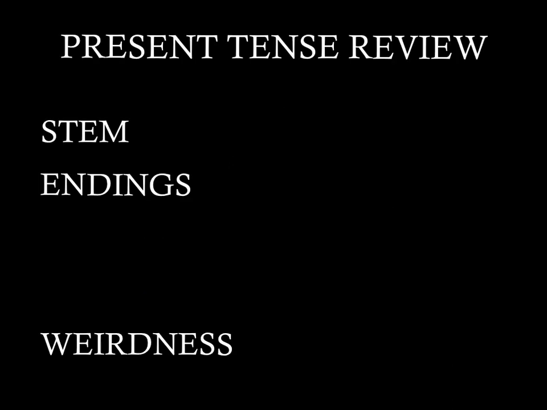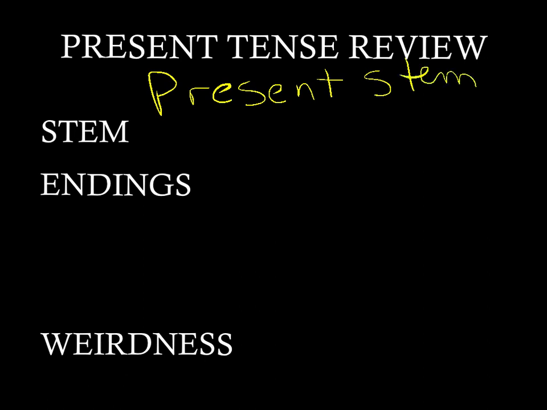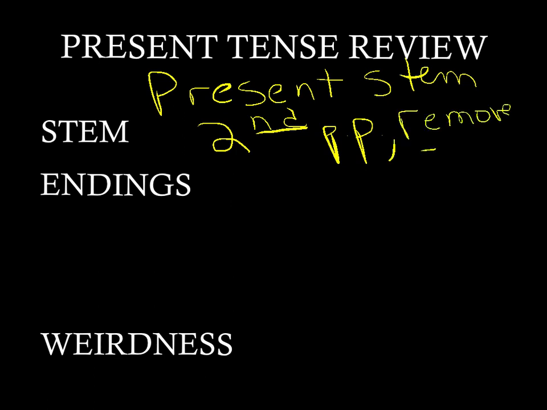Let's start with a review of the present tense. The stem we use is what's called the present stem, and we're actually going to use that same stem for the imperfect tense. It's the second principal part, that second form, and you remove the RE. So that's the stem.